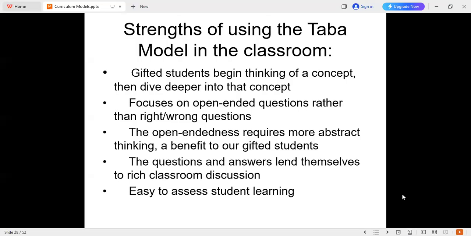After discussing some strengths of the Daba model in the classroom, I can give you a few seconds to ask questions. Gifted students begin thinking of a concept, then dive deeper into the concept.